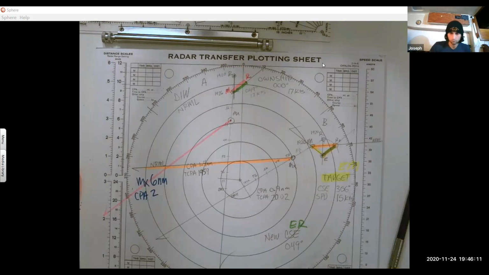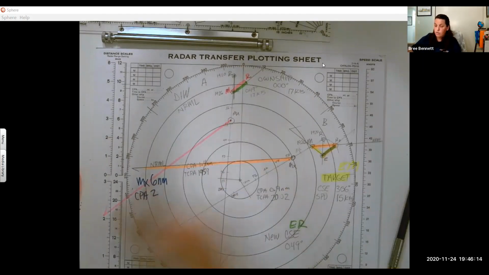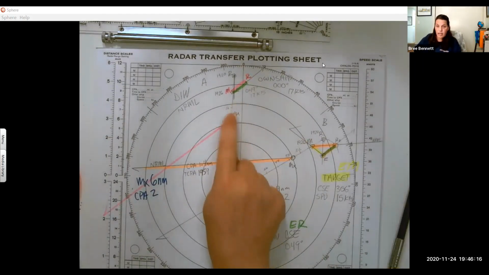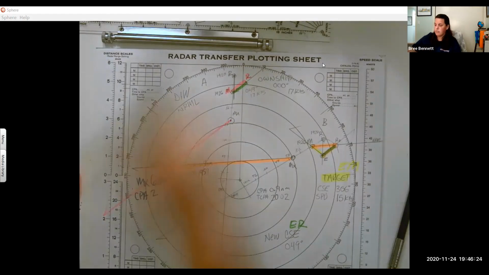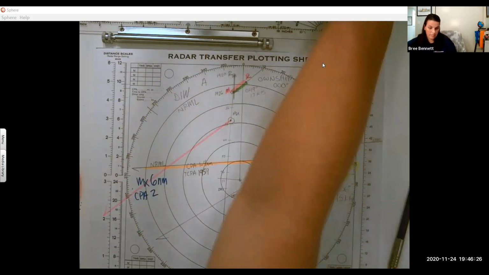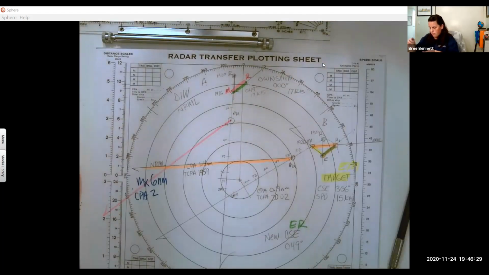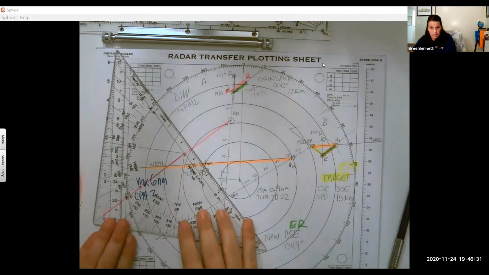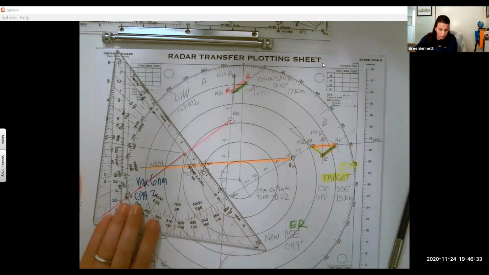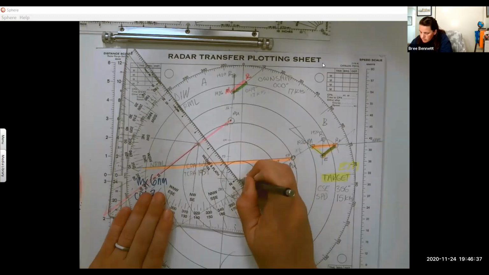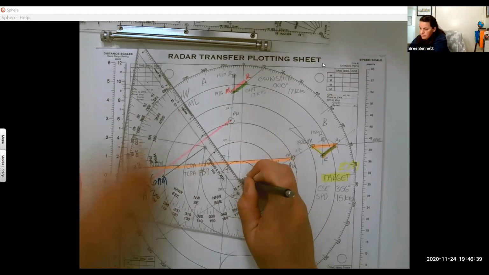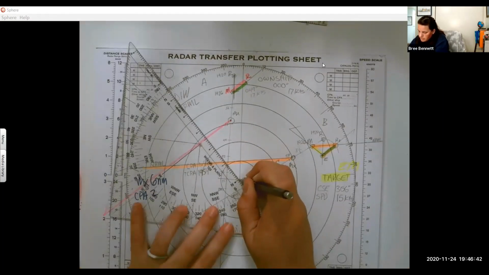Okay, so this is our new relative motion line for the other target. So same way to get our CPA, 90 degrees to the new relative motion line.